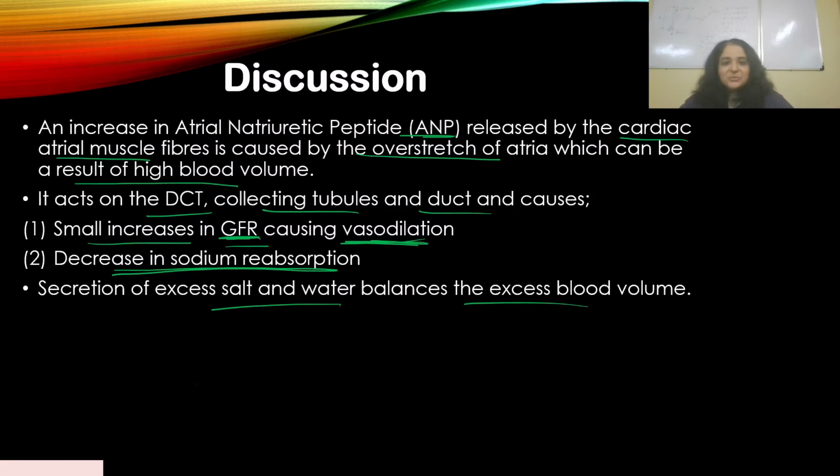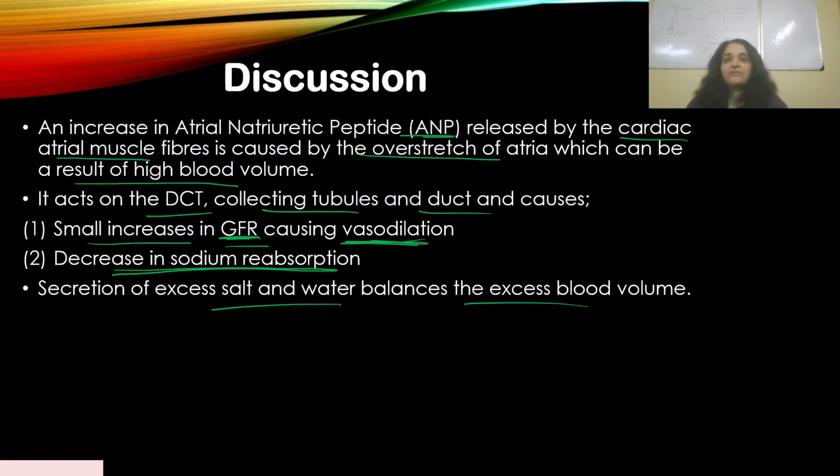This is actually the opposite of what aldosterone or ADH is trying to do. In aldosterone we are reabsorbing sodium, and because of that water is also being reabsorbed. In ADH also water reabsorption is happening to increase the blood volume, but this is the opposite.